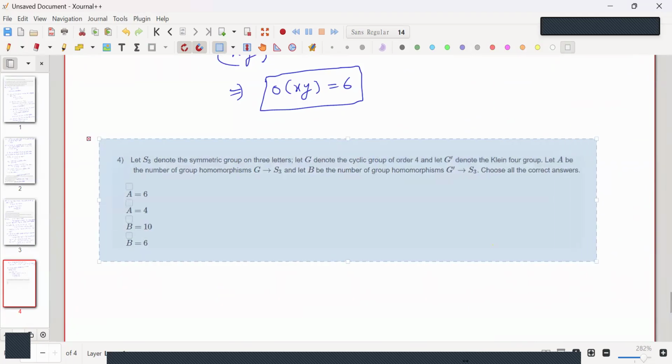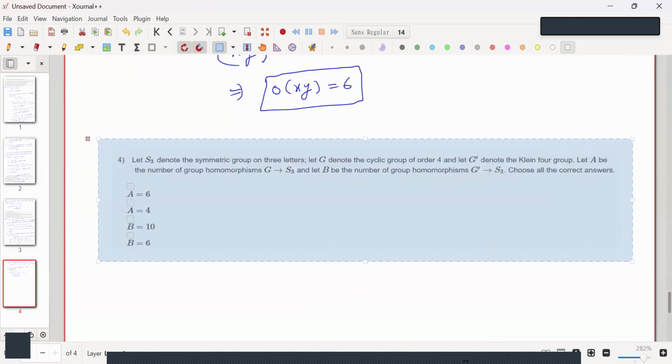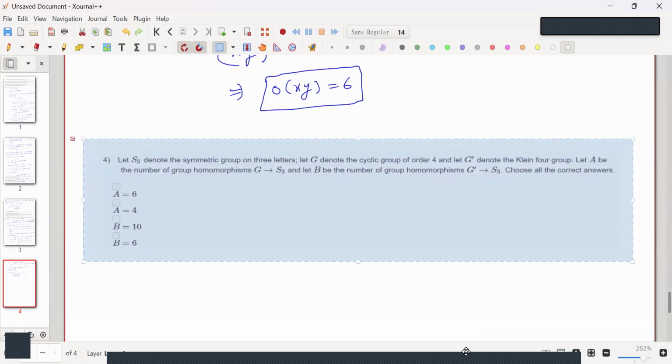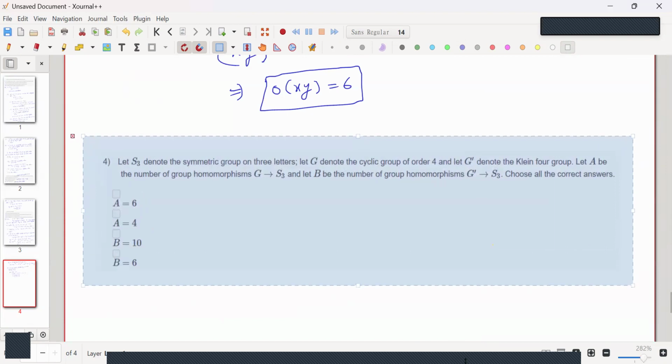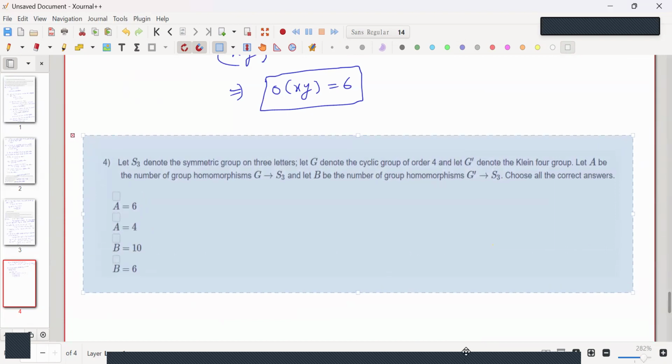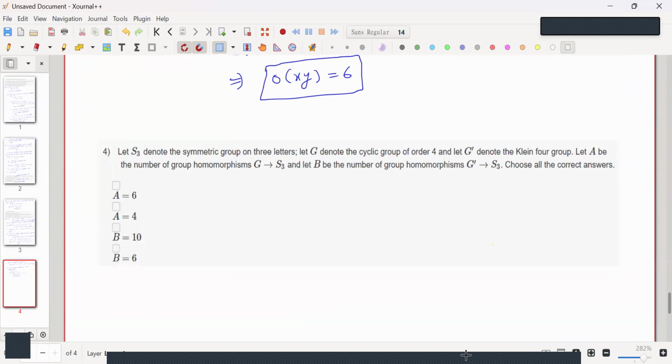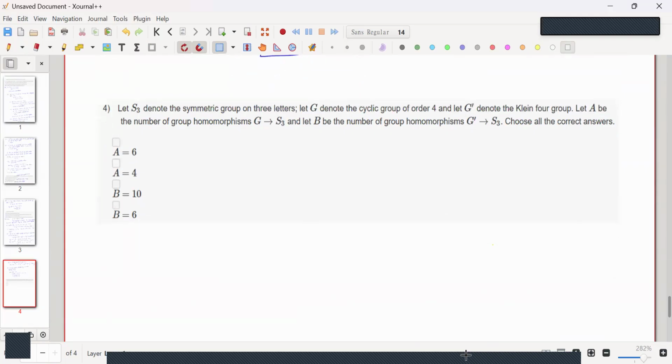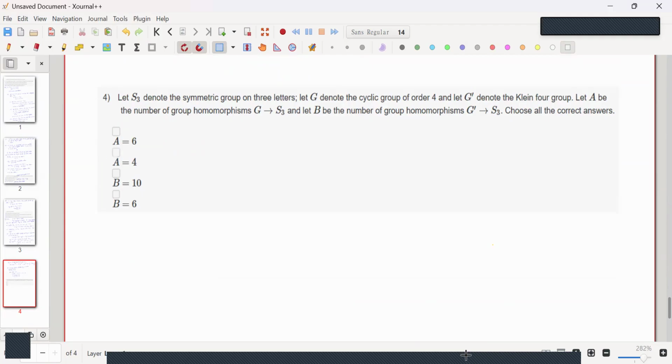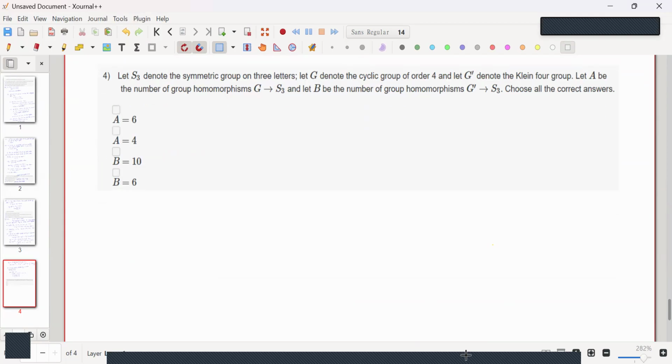Fourth question is again for S3. So you have S3, G to be the cyclic group of order 4, G prime to be the Klein 4 group, then A be the number of group homomorphisms from G to S3, B be the number of group homomorphisms from G prime to S3.